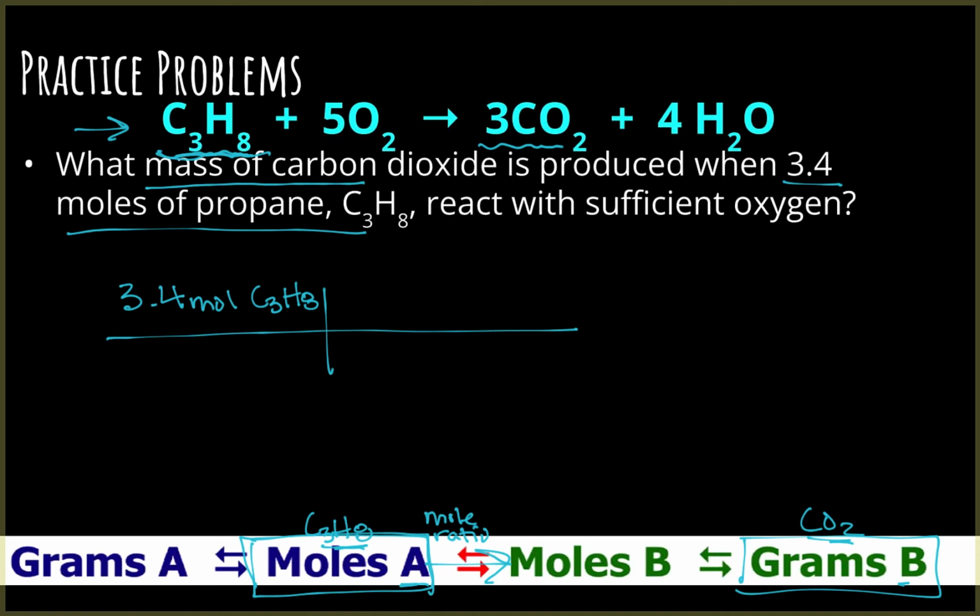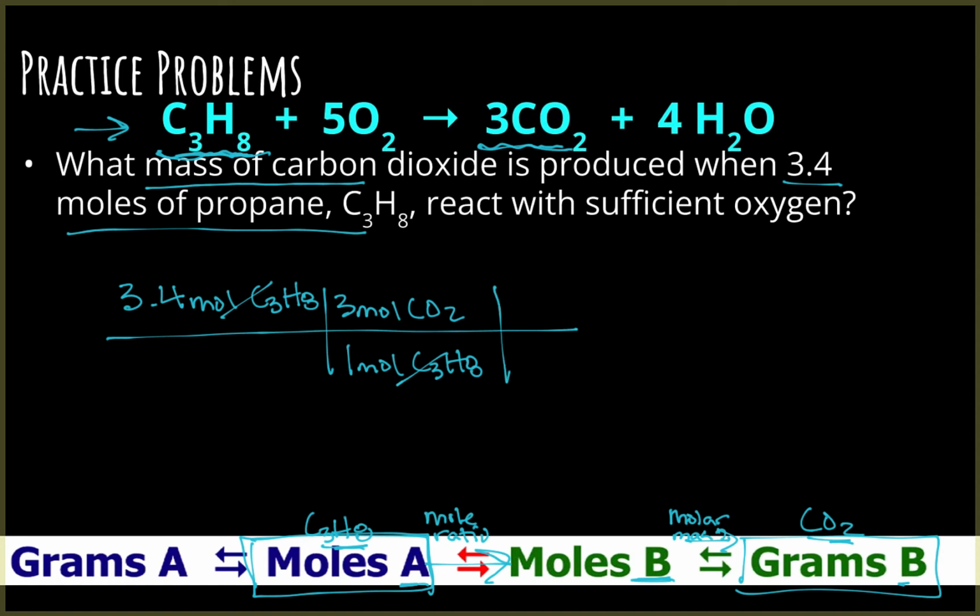The relationship between propane and CO2 is 3:1. So 3 moles CO2 for every 1 mole C3H8. Moles of C3H8 goes on the bottom, so it cancels. Now I'm in moles of CO2. Now I need to go from moles of CO2 to grams of CO2, so I'm going to use the molar mass.